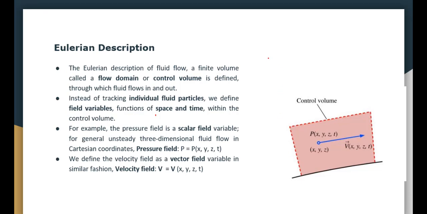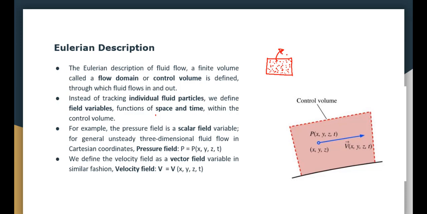What I mean is, suppose this is a container, and inside it there are lots of fluid particles. Basically this is a fluid, that means a liquid, and inside the liquid there are lots of tiny particles. Suppose we want to analyze this fluid by the Lagrangian approach, then our focus is mainly on these individual particles.